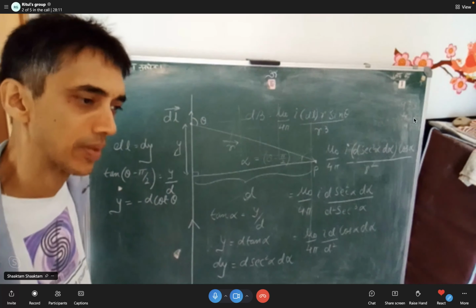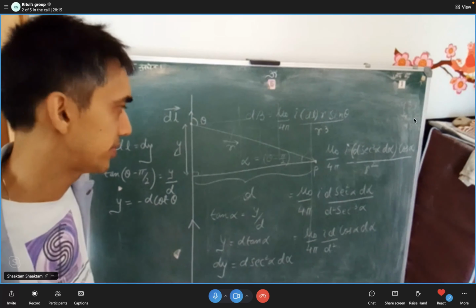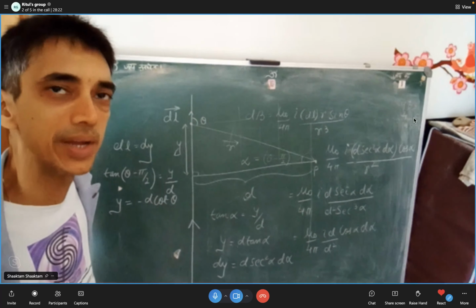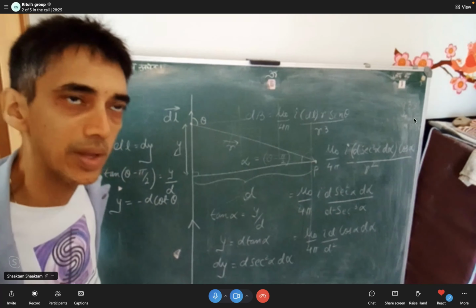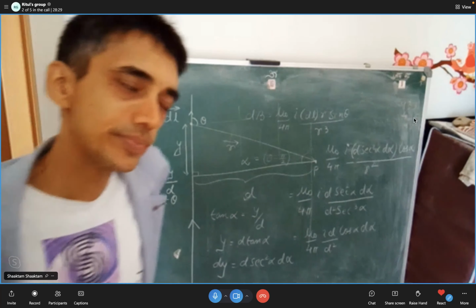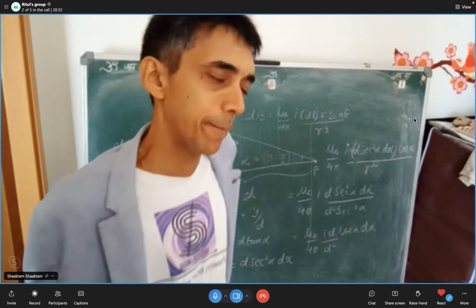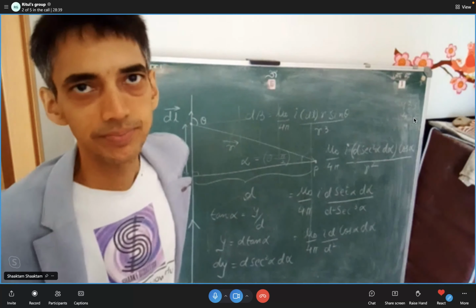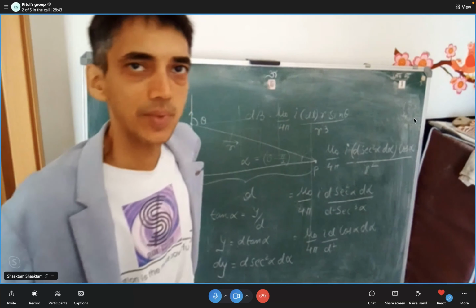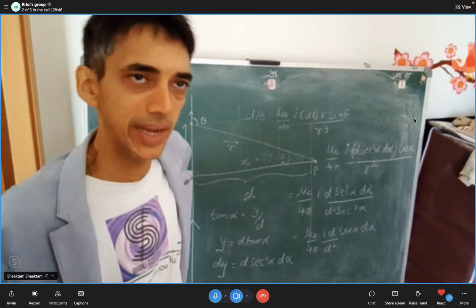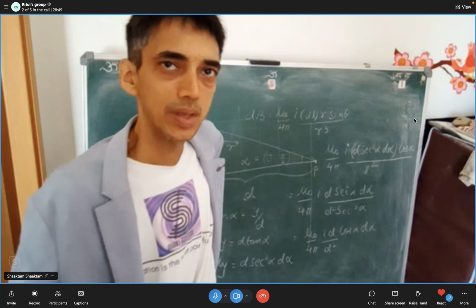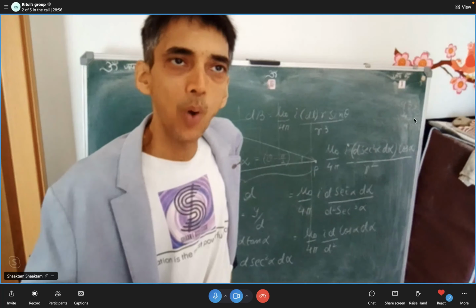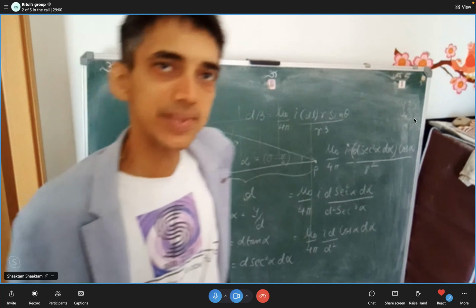Let us take a circular conductor of radius r carrying current I. Find the magnetic field generated at a point P on its axis.